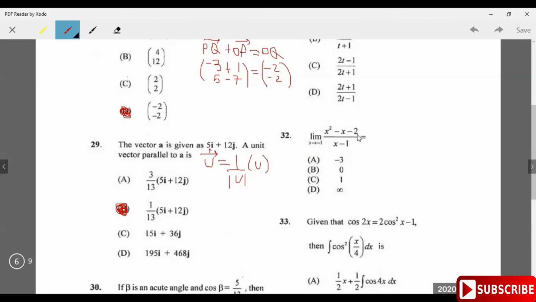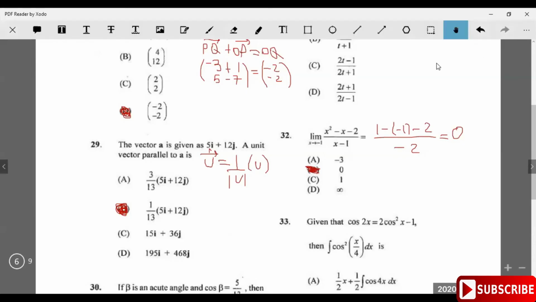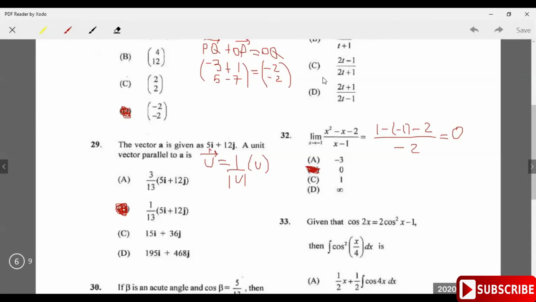Then you have 1 minus x, which is -1, so you get -1 minus 2, and you're dividing it by -1 minus 1, which is -2. And so we get 2 minus 2 is 0 over -2, which is 0. So that's B. Question 32 is B, which is too easy, soft. That's question 32.